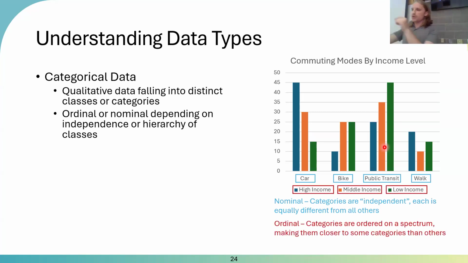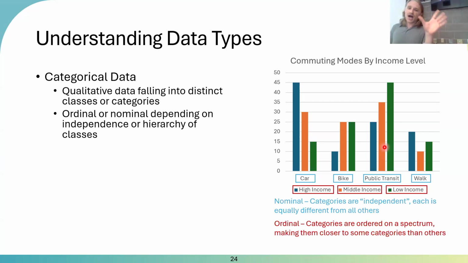On the other hand, the other categories that we can isolate here, high income, middle income, and low income, would be called ordinal. We fall into that classification if the categories are on some sort of spectrum, and importantly, if 2 categories are inherently farther away from each other than some other combination of 2.